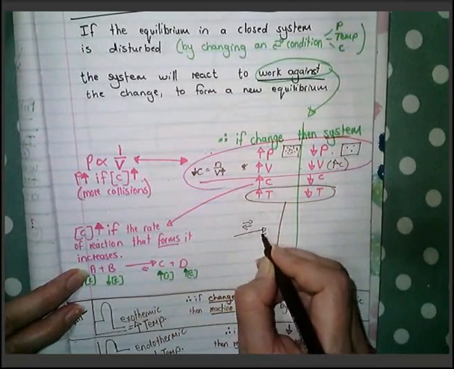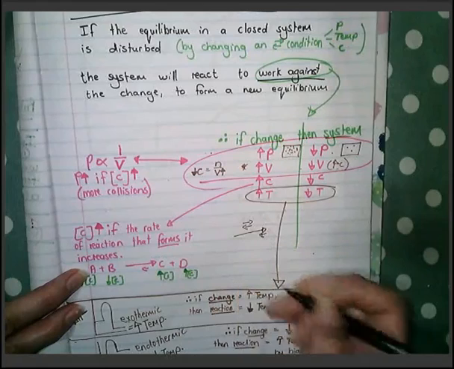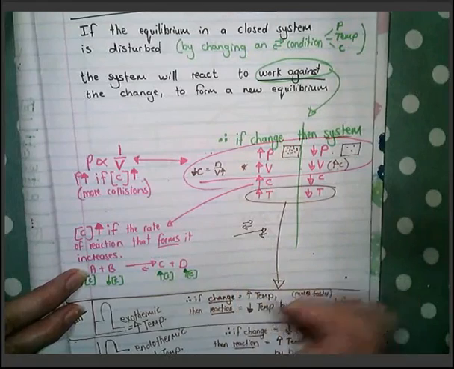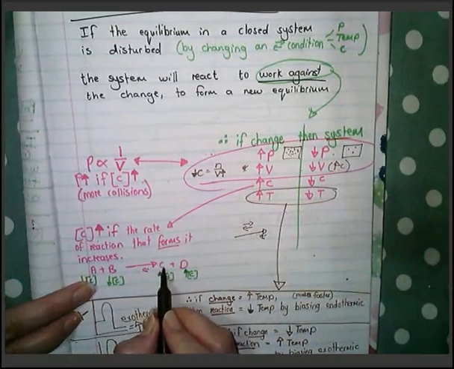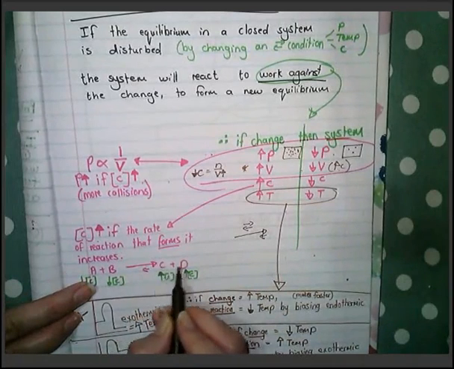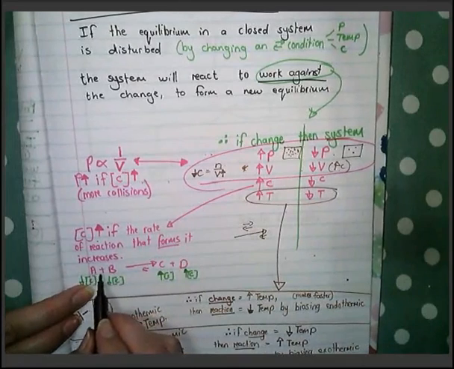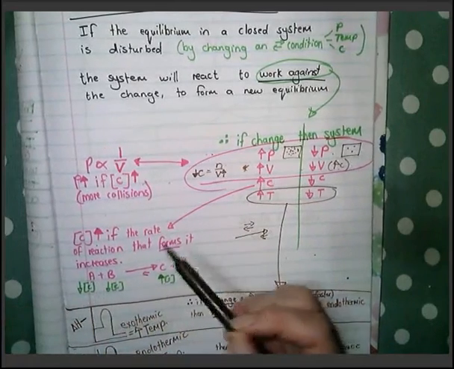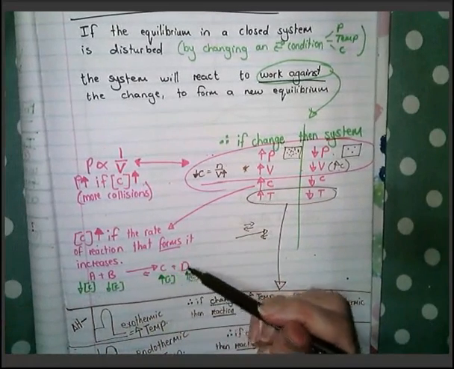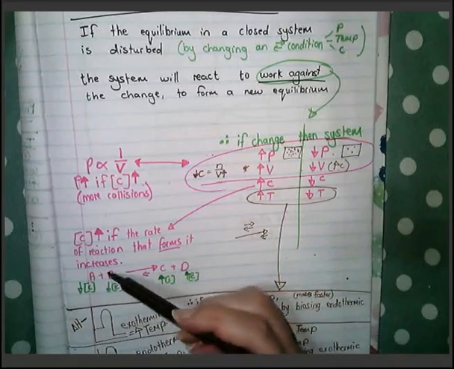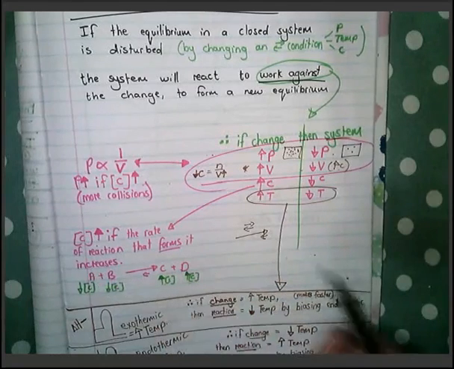This means the forward reaction happens faster than the reverse reaction. So this would mean that C and D is now formed faster than A and B is formed. So therefore, this concentration will increase and this concentration will decrease.